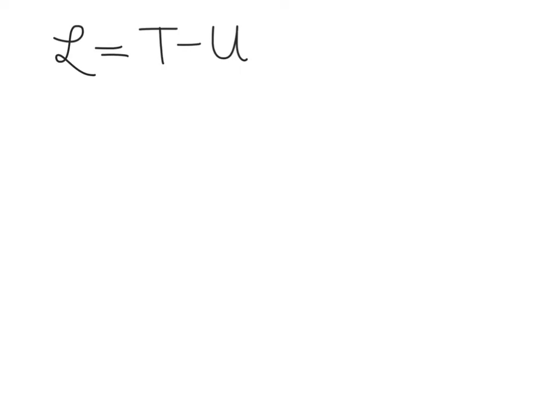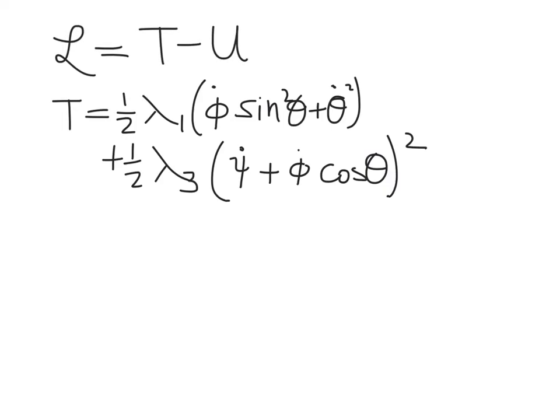Okay, so remember, returning to our Lagrangian formulation for the mechanics, the Lagrangian is the kinetic energy minus the potential energy. We saw the expression for the kinetic energy in the previous section. I'm going to skip to the written form. And so our kinetic energy consists of three terms.